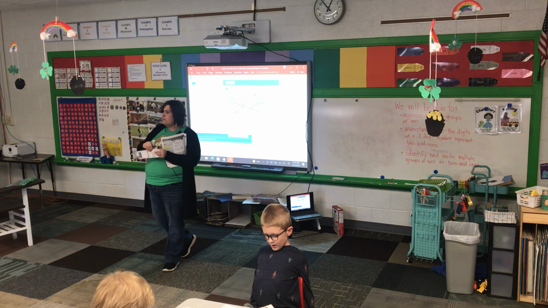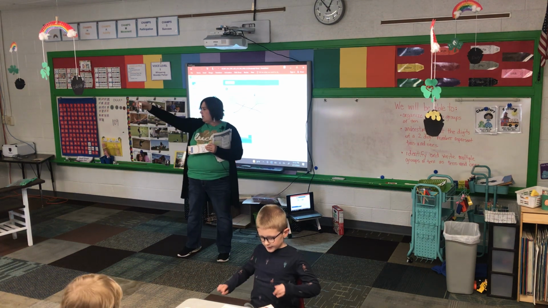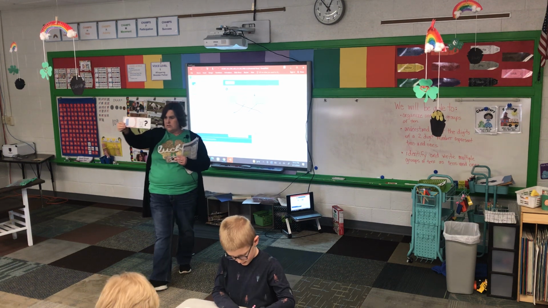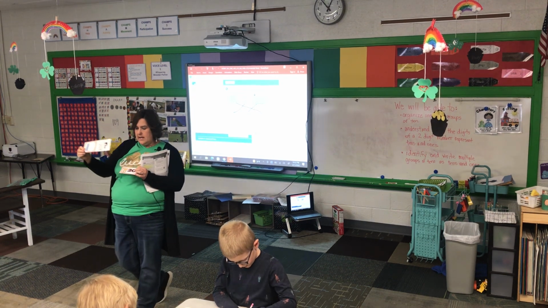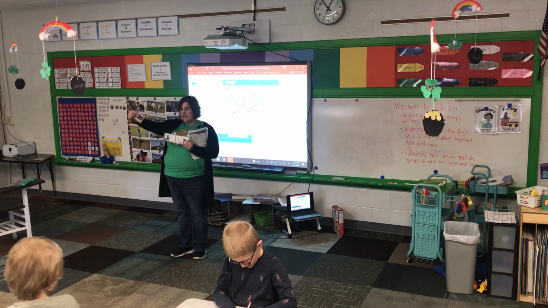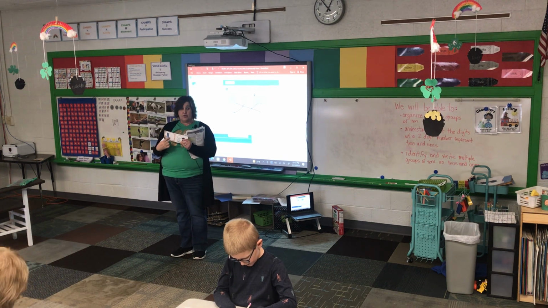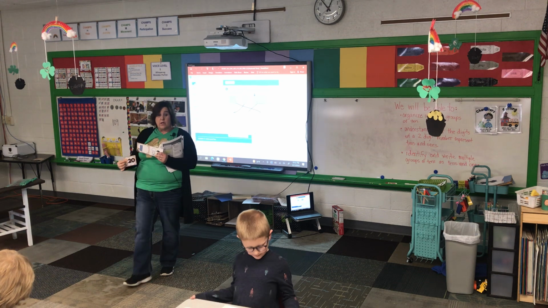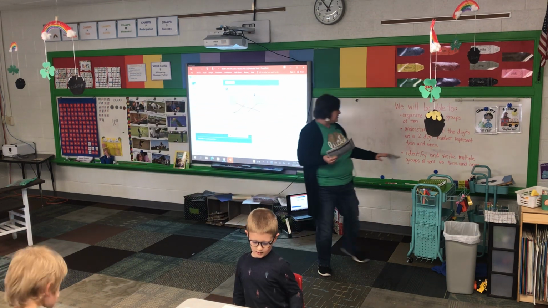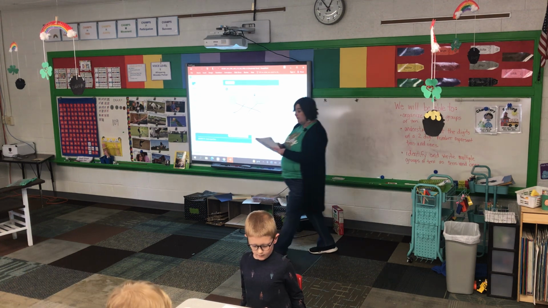Look at my baby card says 20 and my parent card has how many 10s rods? 2. And we know that 20 is the same as 2 10s. Just leave the babies and their parents on your desk and we'll pick those up after a while.